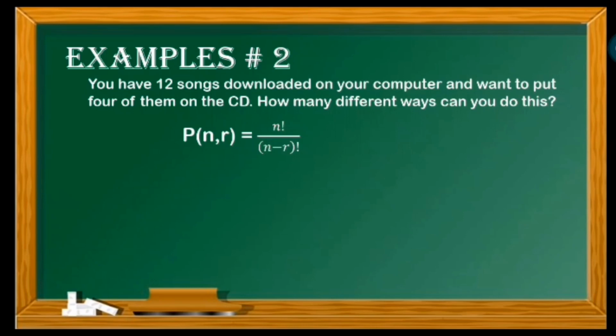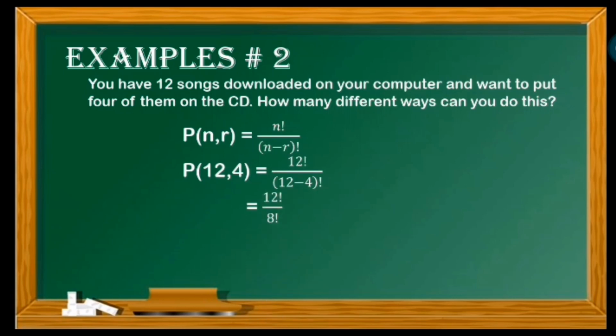So what is our n? Yes, the 12, and our r is equal to 4. So let's substitute the values of n and r. So P(12, 4) is equal to 12 factorial over (12-4) factorial.